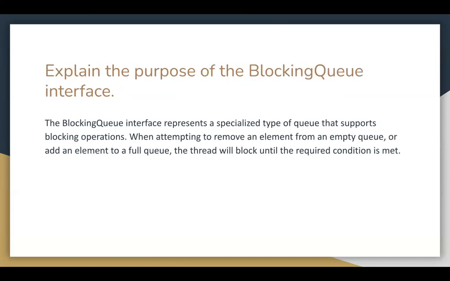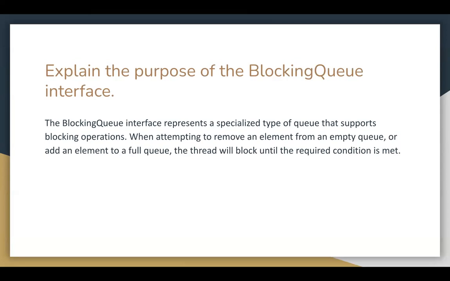Explain the purpose of the blocking queue interface. So the blocking queue interface represents a specialized type of queue that supports blocking operations. It means that when attempting to remove an element from an empty queue or add an element to a full queue, the thread will block until the required condition is met. So blocking queue is normally used in the producer-consumer problem a lot.